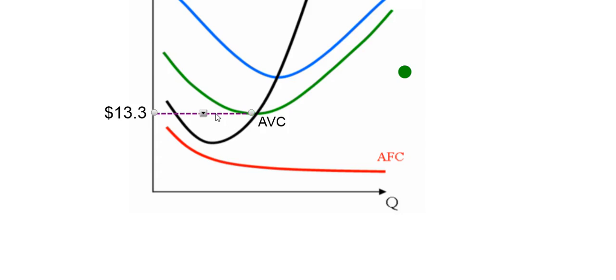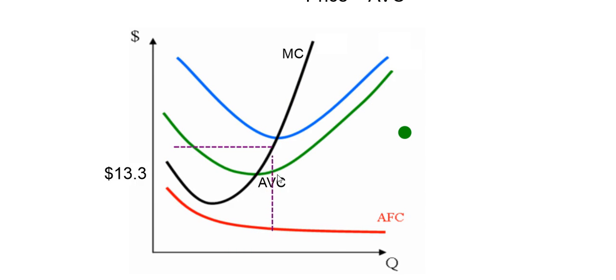So if we go back down into our graph right here and think about that, we think about where our quantity is going to be. The firm has a choice in where it produces in terms of quantity. It does not have a choice in the price. So if the price is up here, then the firm is going to produce where marginal cost equals price here.